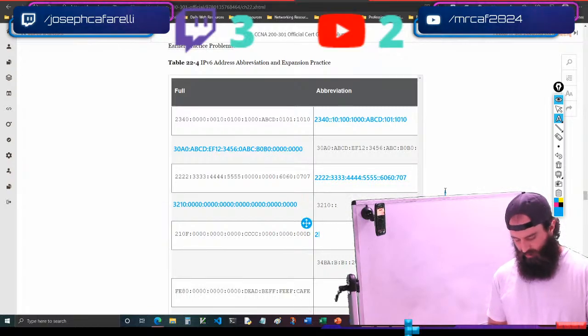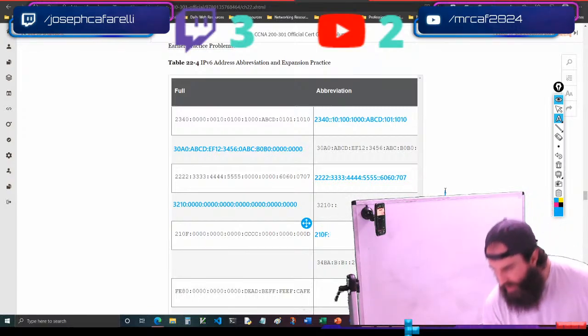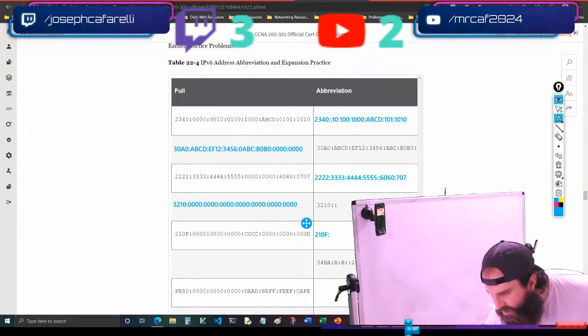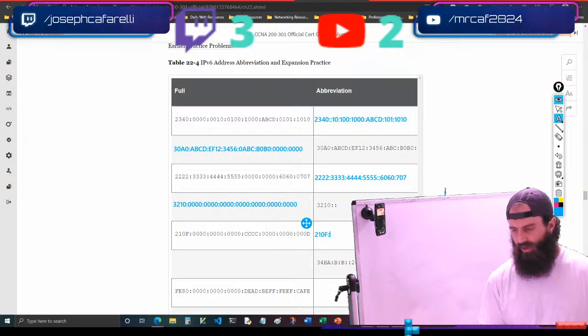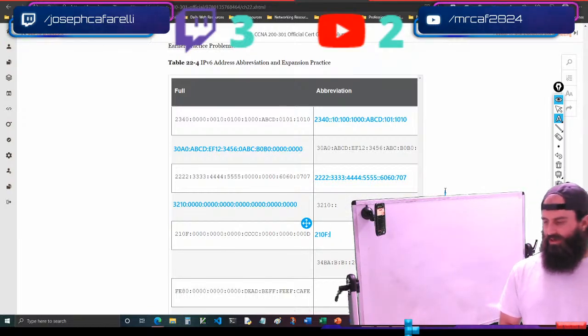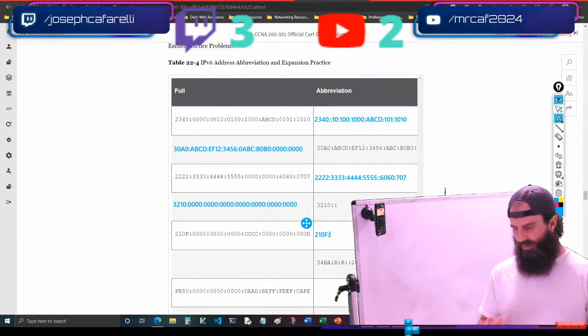So we have 210 Foxtrot colon, and how many? So we can replace the three leading quartets of zeros, since this is the biggest portion of the zeros that we have. So we can replace that with colon.